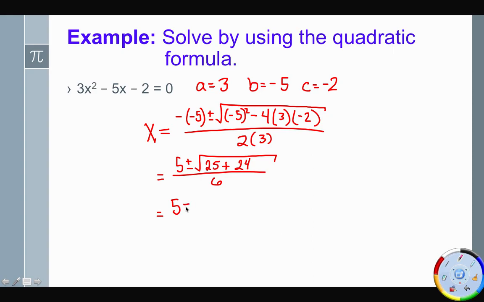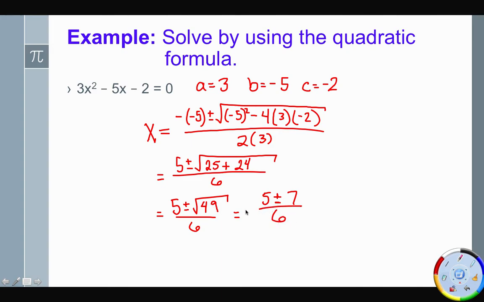Here we get 5 plus or minus the square root of 49. Well, that's a nice number, all over 6. So I have 5 plus or minus 7 over 6, because the square root of 49 is 7.